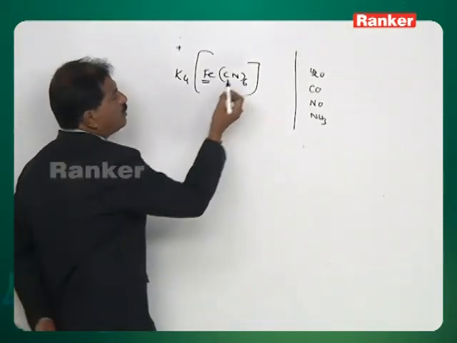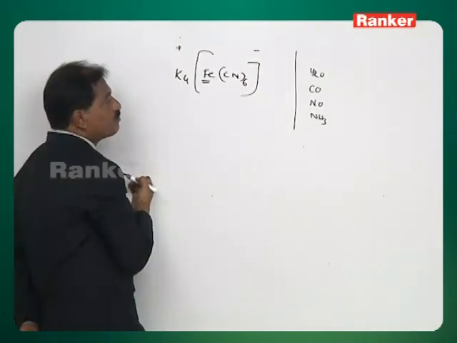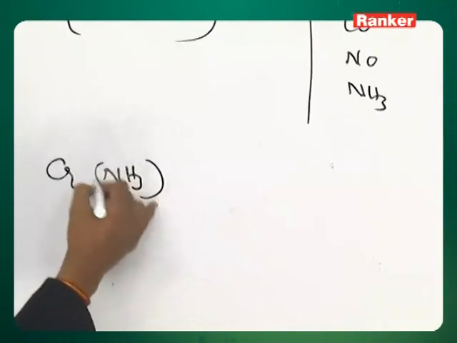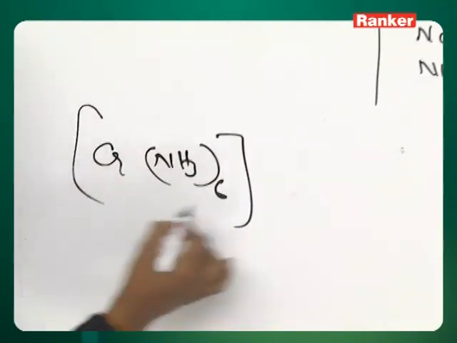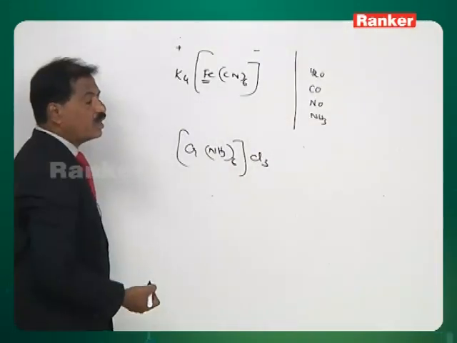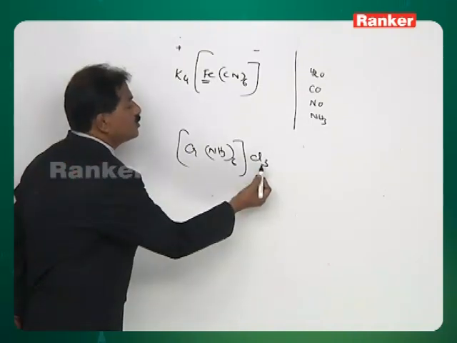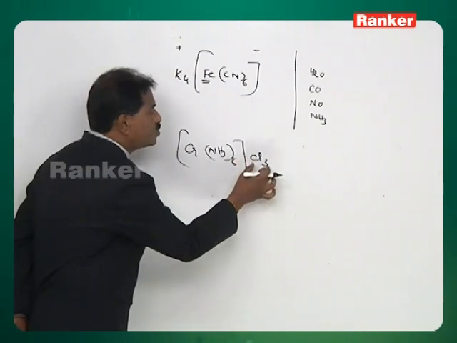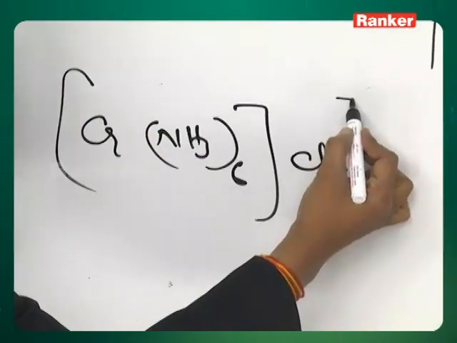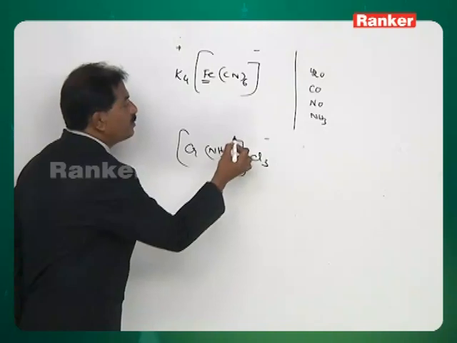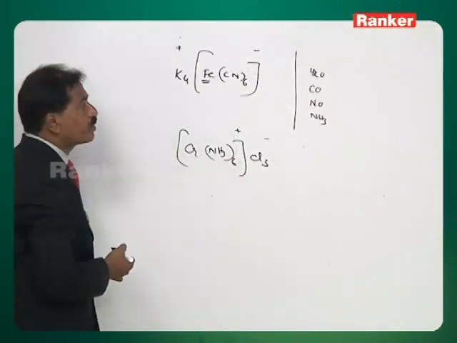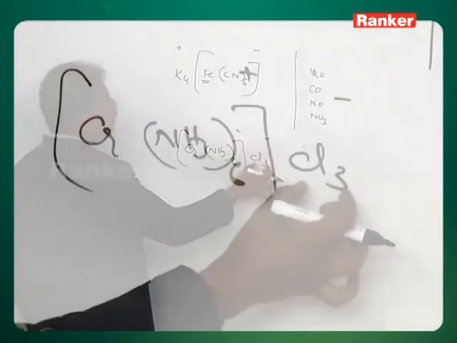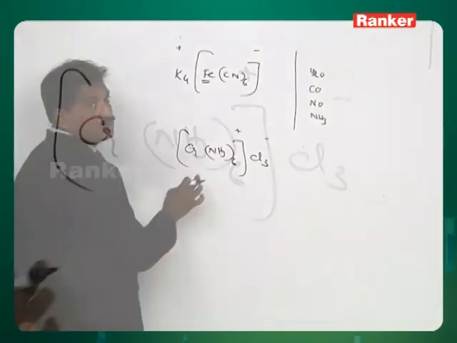Then automatically the complex will get the negative charge. Whereas in certain complexes like this, Cr(NH3)6, the simple ion is shown after the complex. If any simple ion is shown after the complex, it will get the negative charge, and now the complex will get the positive charge. So based on the relative position of the simple ions, you identify the charge of those simple ions.